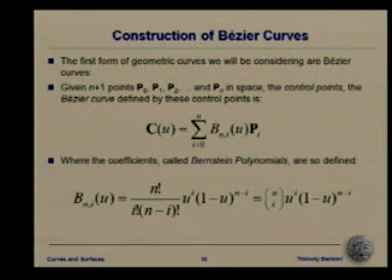Why? Because, apart from the definition which is here for the sake of completeness, so you just have a taste of how it works, you see that it's dependent on the degree of the curve, which is n. The degree of the curve depends on the number of control points minus 1. So if you have 4 control points, you have a degree 3 curve, right?